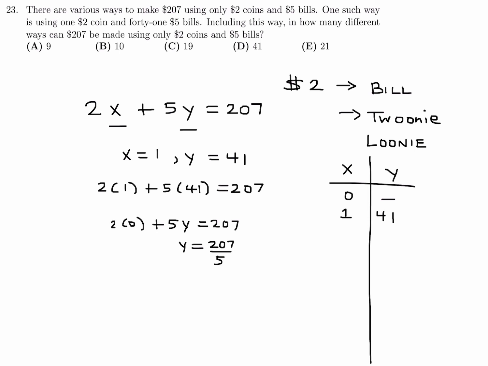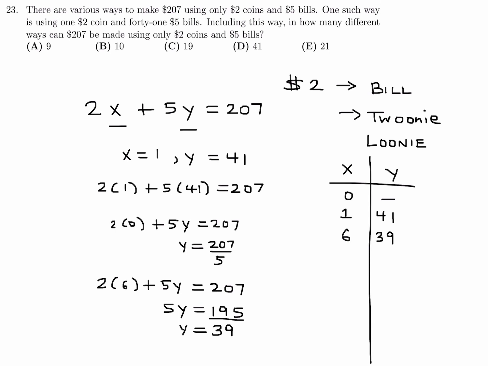For example, if X is 6, you have 2 times 6 plus 5Y equal to 207. 5Y will be 207 minus 12, which is 195, and Y is therefore going to be 39. So that works. But did you notice this number is a multiple of 5? So we have to bring it down to a multiple of 5.